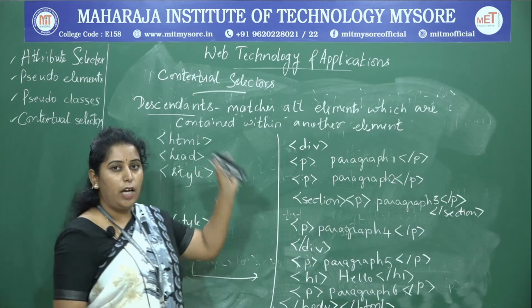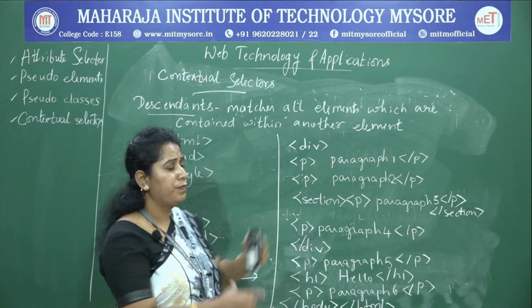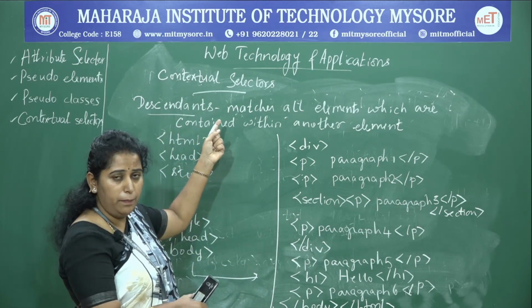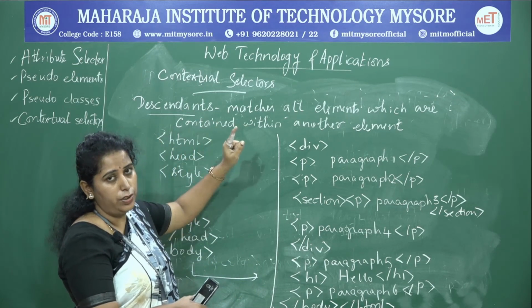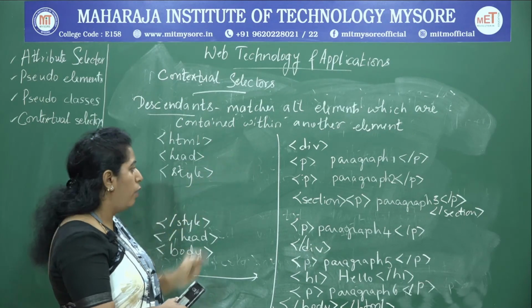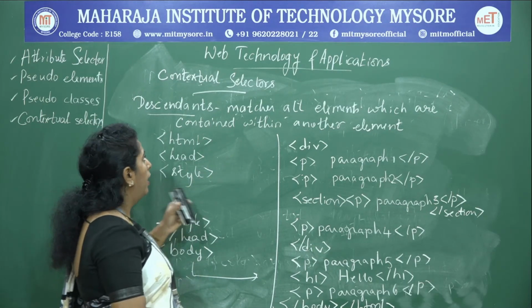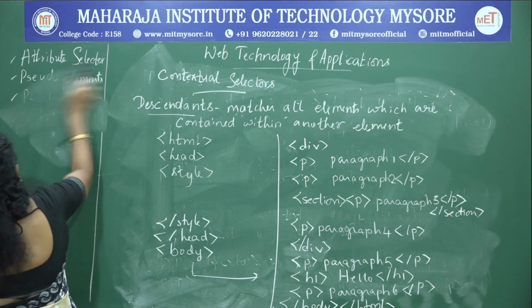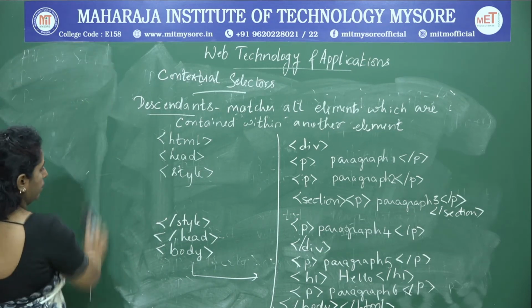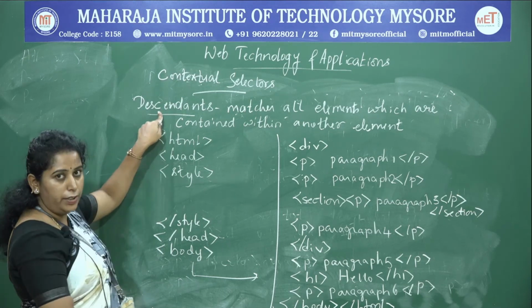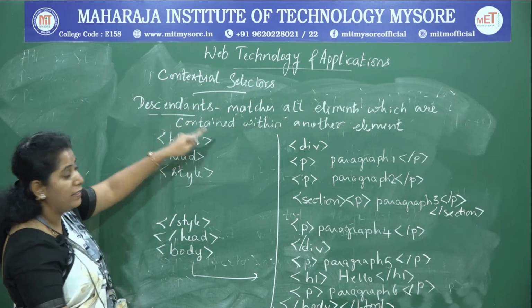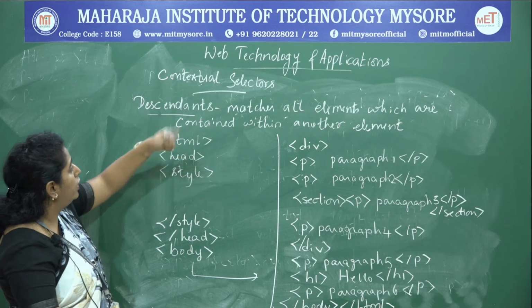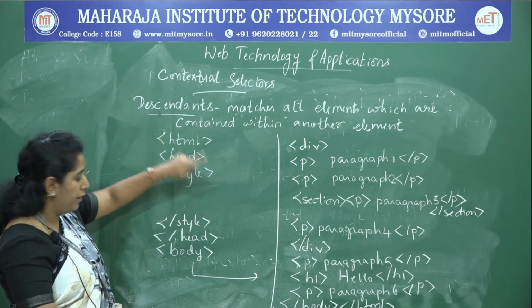I told you that contextual selectors select an HTML element based on their relations. Okay. Now what happens here? I am going to use this space now. You have to be clear. I am going to illustrate descendants. They match all elements which are contained within another element.